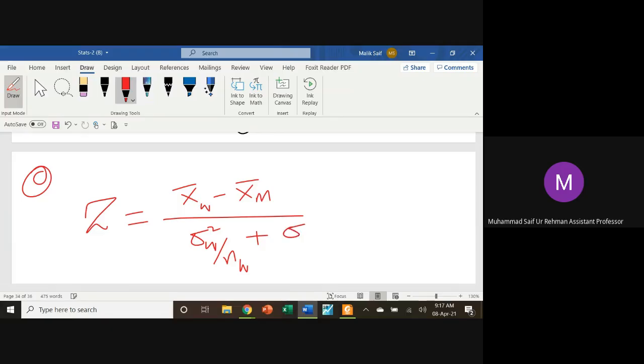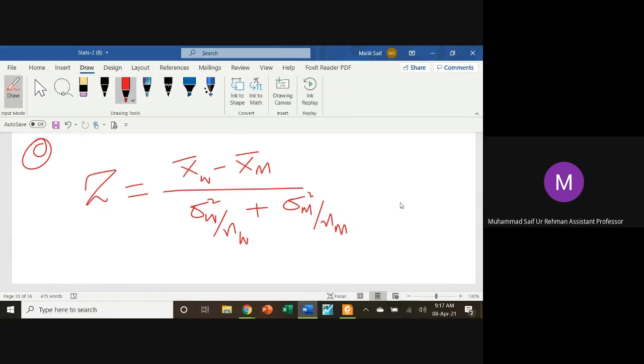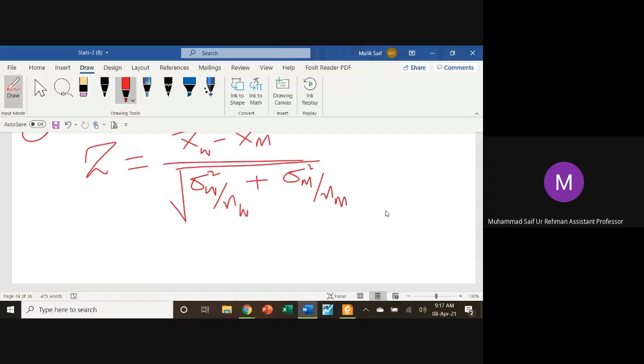Here you will write down sigma m square divided by nm, where nm will be the sample size for men. Then there is a square root on these two terms. Now you can substitute all the values that are there in the question and have the answer.